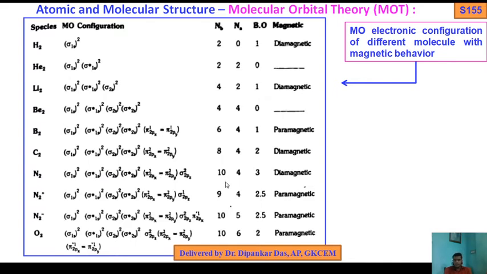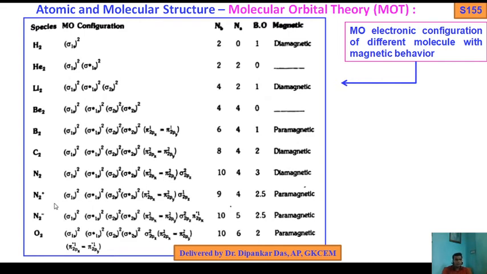Number of bonding electrons 10, number of antibonding electrons 4, and the bond order is 3. That's why there is a triple bond between the nitrogens: one is sigma, another two are pi. It is also diamagnetic, there are no unpaired electrons.